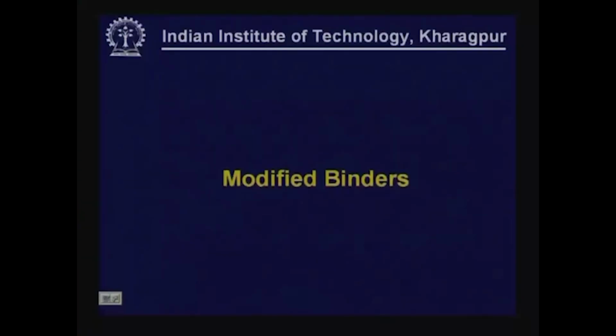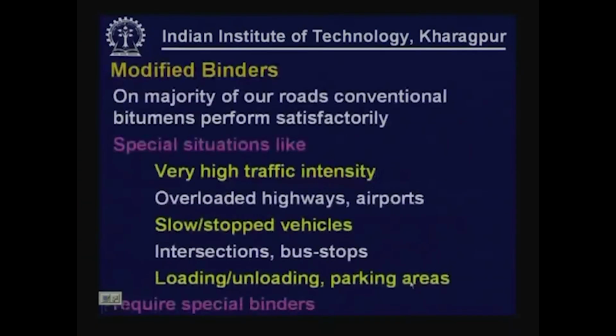We will next discuss modified binders. On the majority of our roads, conventional bitumens perform satisfactorily, but in special situations like highways having very high traffic intensity, highways having overloaded vehicles, airport pavements, facilities where we are going to have slow vehicles stopping, intersections, bus stops, loading unloading areas, parking areas where these vehicles are going to be in stationary condition for long durations.